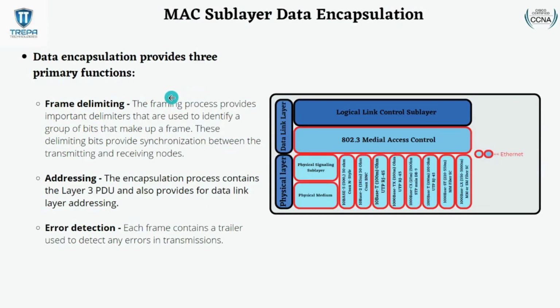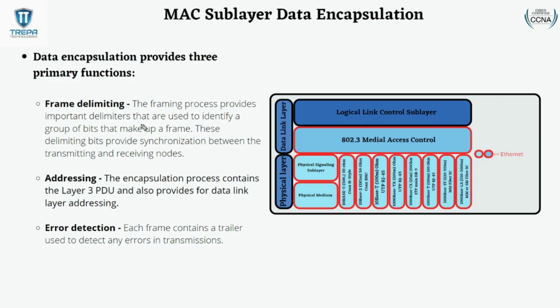Okay, so now let's get into the data encapsulation part of our two primary responsibilities. It's going to have three primary functions. The first one is frame delimiting, and essentially all that is saying is we have these groups of bits that identify the frame. These delimiting bits provide synchronization between the transmitting and receiving nodes, okay? And then we have addressing.